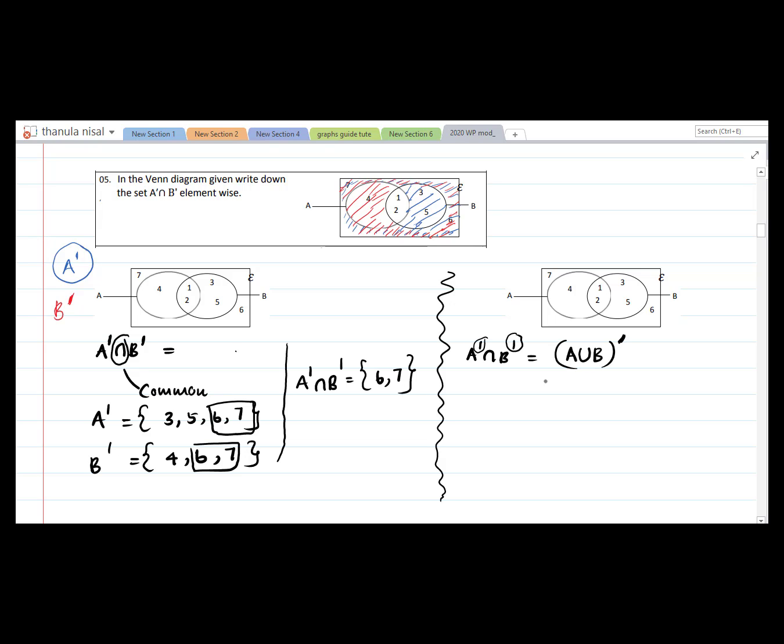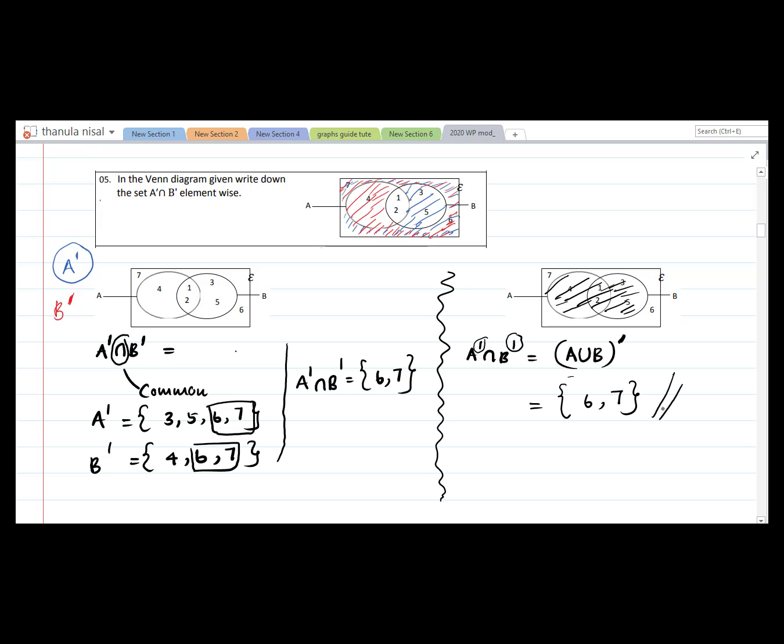Now here you can see A union B. That means all the terms of A and B. Inverse means without those terms. That means from the diagram you can easily find that 6 and 7.